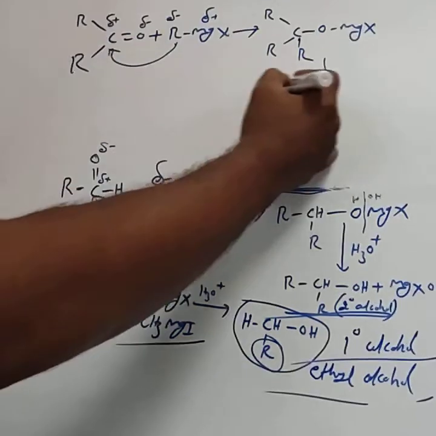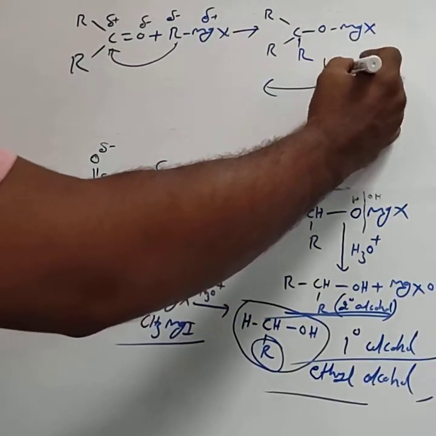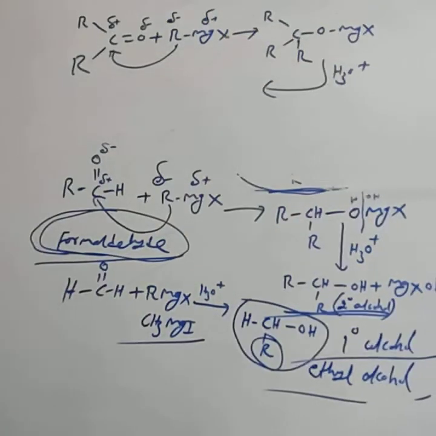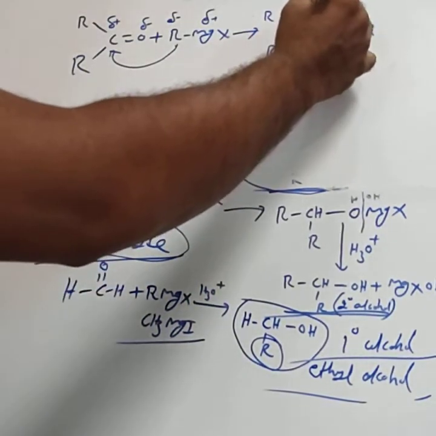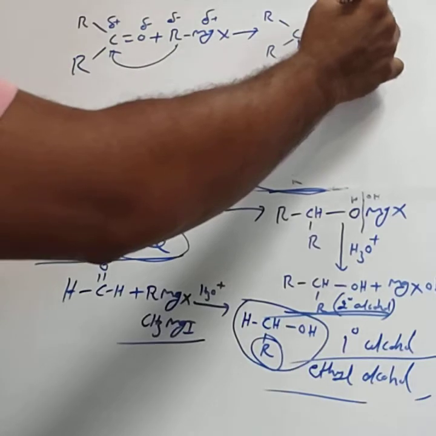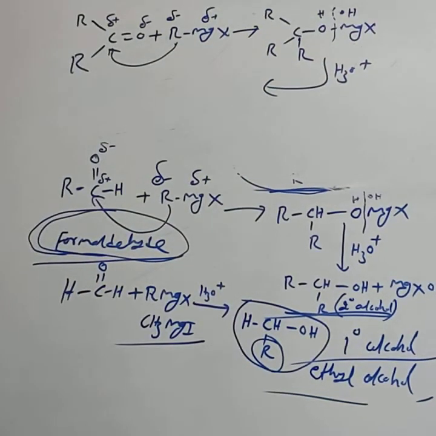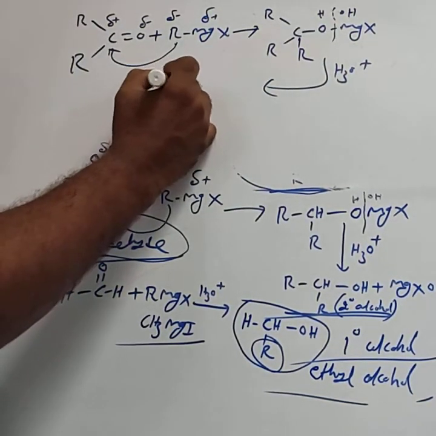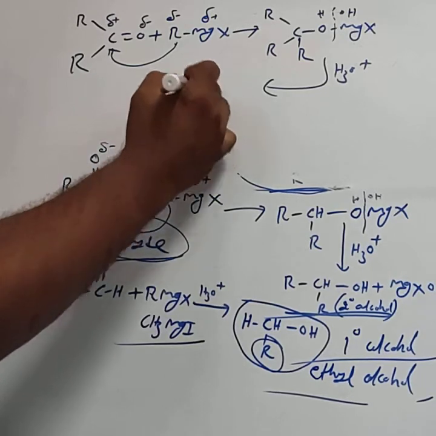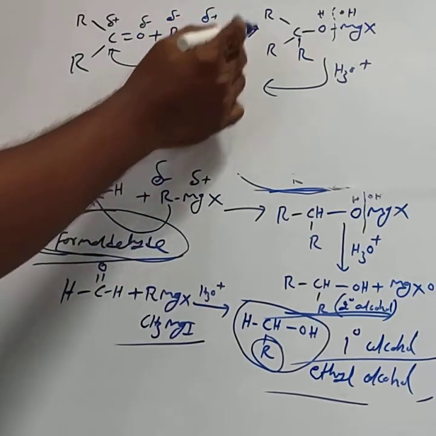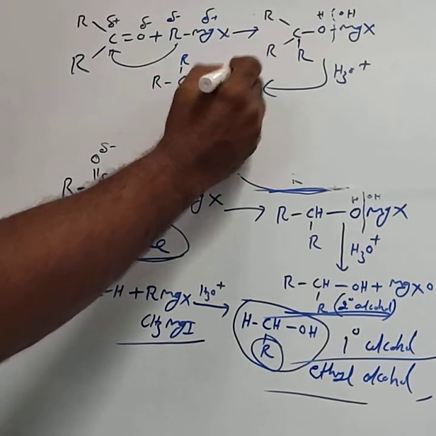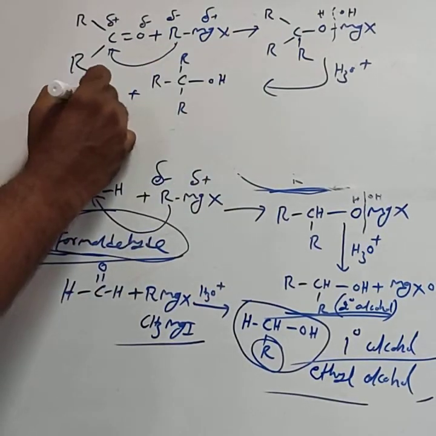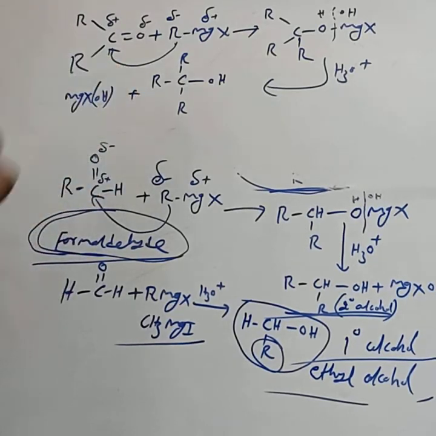This addition compound on acid hydrolysis with H3O plus. Can you guess the product formed? This is the bond cleavage. Here H gets added, and to this part, OH gets added. Then what is the product formed? That is RCR with three R groups, OH plus MgXOH.